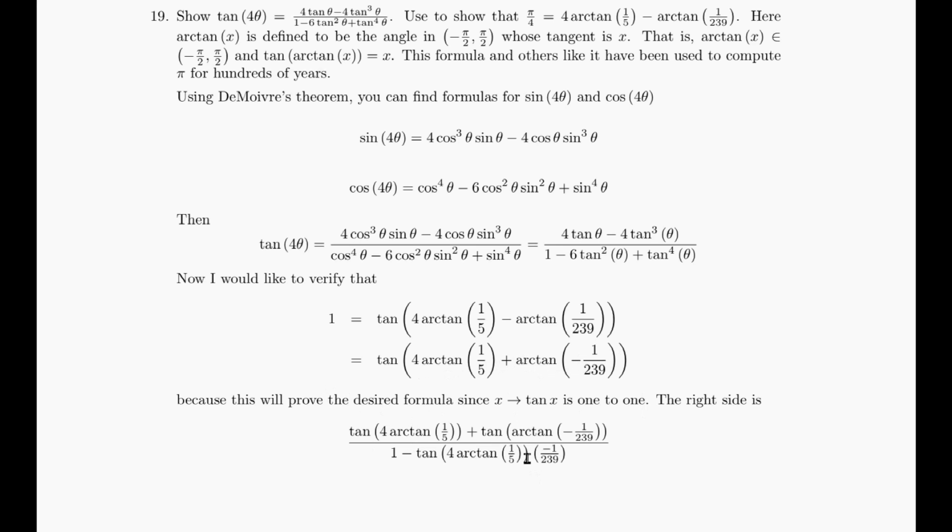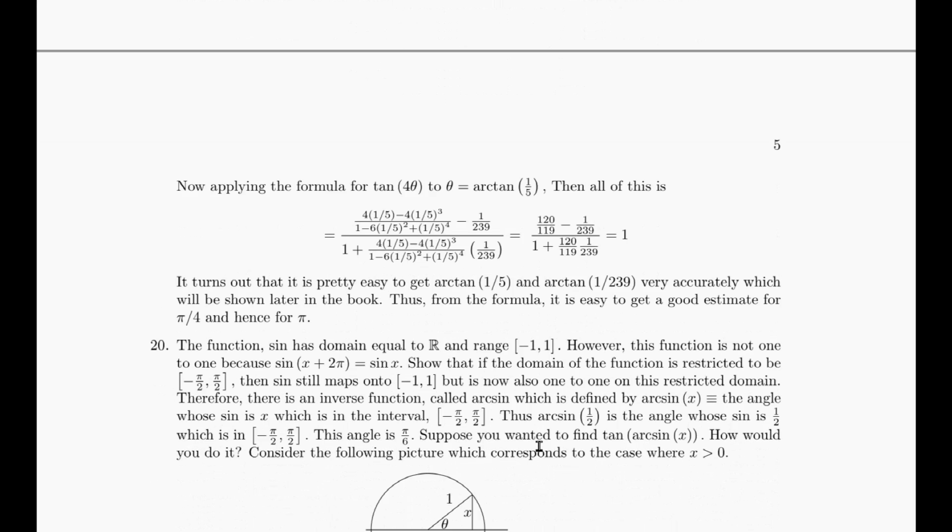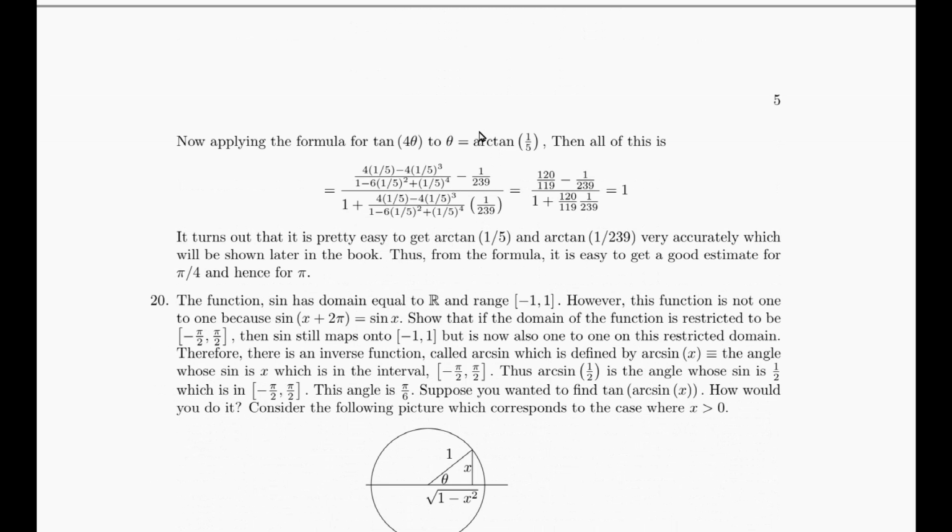Okay, so then this is equal to this. We just went over that thing. This is an angle, this is an angle, and I'm taking the tangent of the sum of those angles, like so. And now I'll apply the formula for the tangent of 4 theta to theta equal arctangent of 1/5. So wherever I see a tangent of theta, I will put a 1/5.